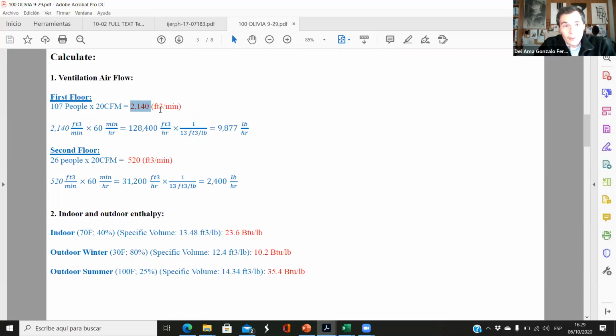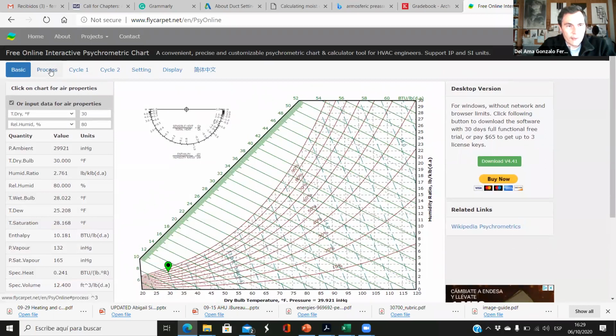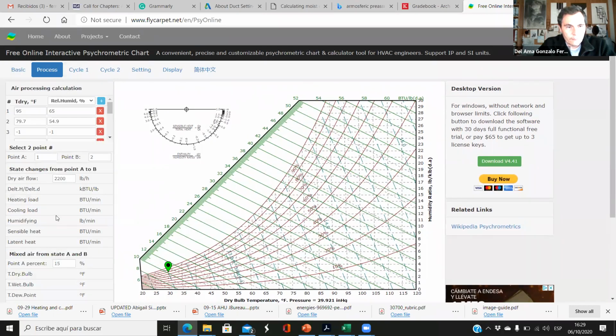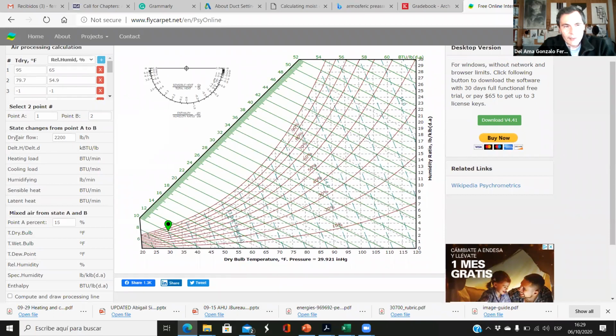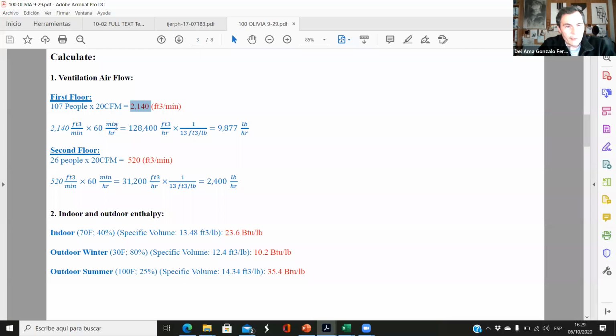That's important because in this, if we go to process, okay, you see that we have to introduce here the airflow in pounds per hour. So we have to turn these units, cubic feet per minute, into pounds per hour. So we have to multiply times 60, and we have to divide by the specific volume, which is around 13.